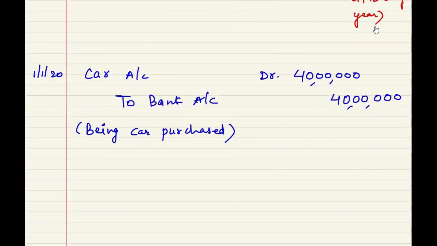So depreciation is charged at the year end. So my year end would be 31st of December 2020. I will charge the depreciation. By depreciation, what will happen? The value of car will go down. So I have to credit the car account, and depreciation is an expense.